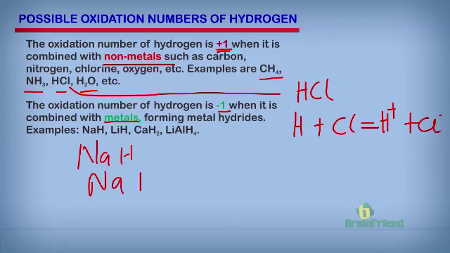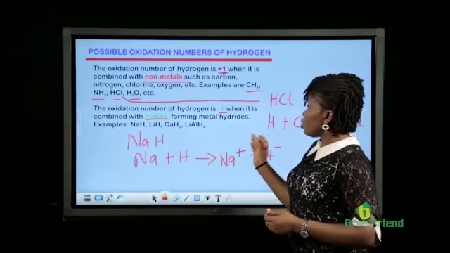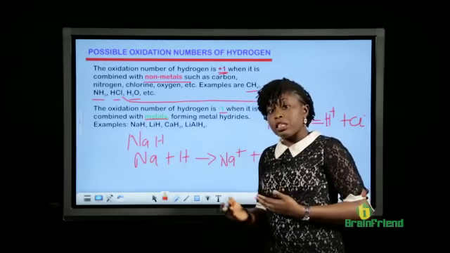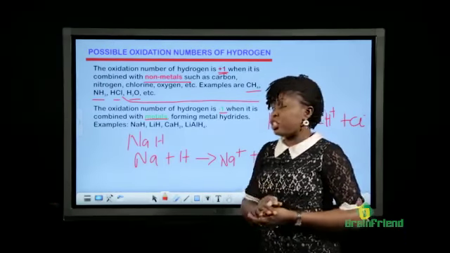Sodium is reacting with hydrogen here, and of course, sodium is more electropositive, so sodium would actually give out an electron to hydrogen to become positively charged, while hydrogen in this reaction will be negatively charged. So these are the 2 instances where hydrogen either takes up a positive or a negative oxidation number.